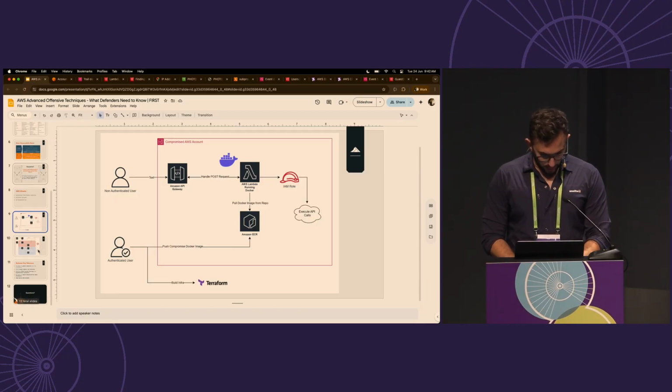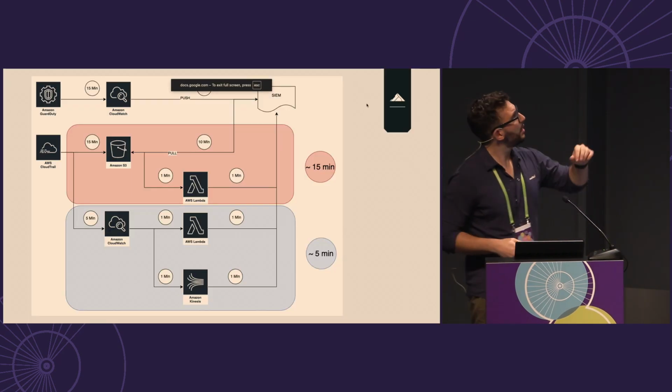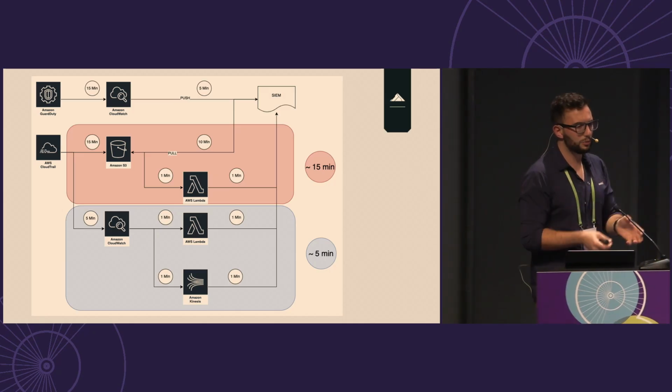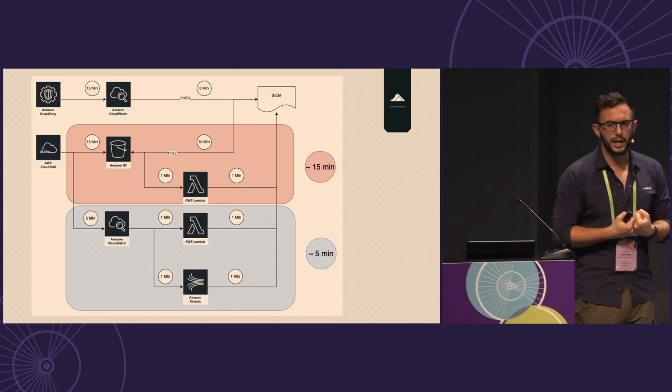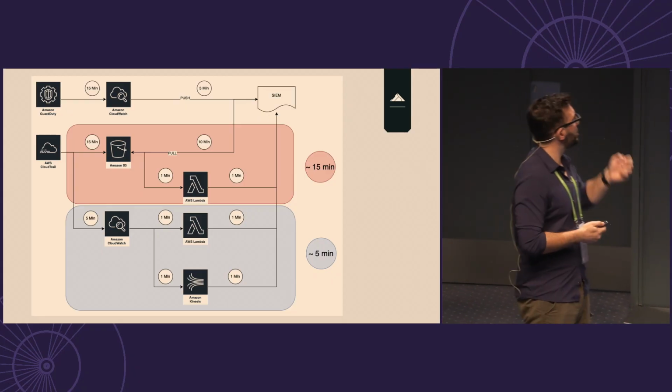Going back to the slide that I told you is the most important slide in the presentation: these are the delays. I think this is the first thing that we need to address. We need to understand what our delays are and how we are creating detection rules based on these delays.